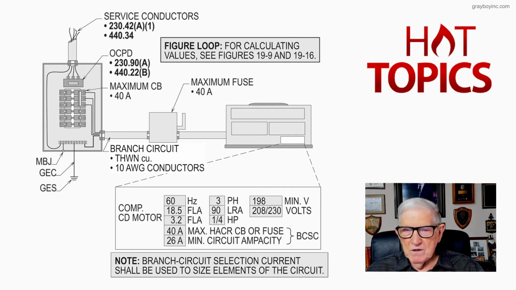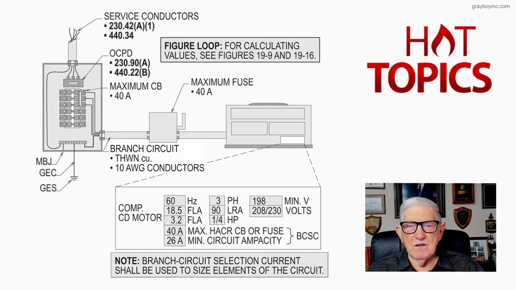Now, you say, well, we do not have a branch circuit selection current. What would we do? Well, this next video will review the calculation procedure that would take place, and if you didn't know how to perform it, then you would get with someone in your group that would, or talk to the contractor you're working for, whatever it may be.